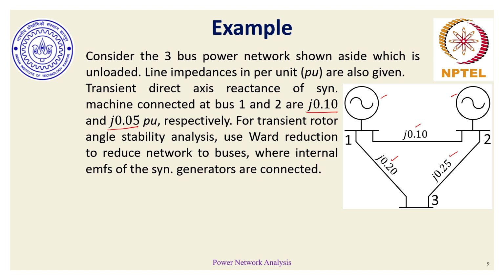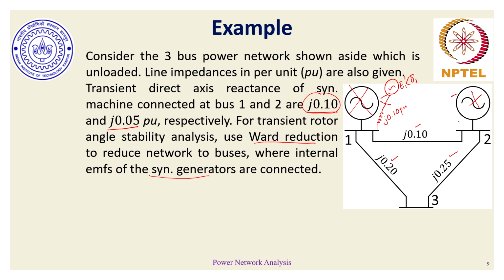For transient rotor angle stability analysis, we have to use Ward reduction, where only the internal EMFs of synchronous generators remain connected. So essentially, instead of this synchronous generator, we have j0.10 pu, which is the transient direct axis reactance of machine 1, and this machine has an internal EMF E1 dash with an angle delta 1.